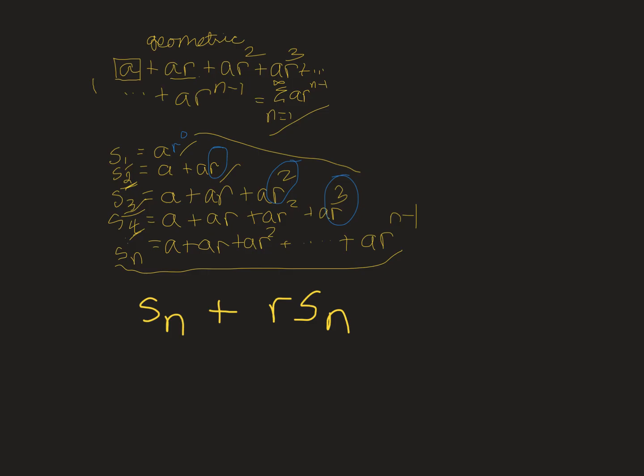Now, let's look at this. This one becomes a plus ar plus ar squared plus dot dot dot ar to the n minus 1.